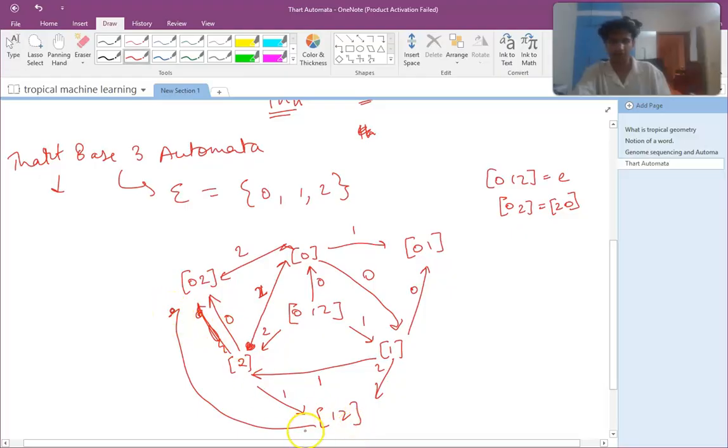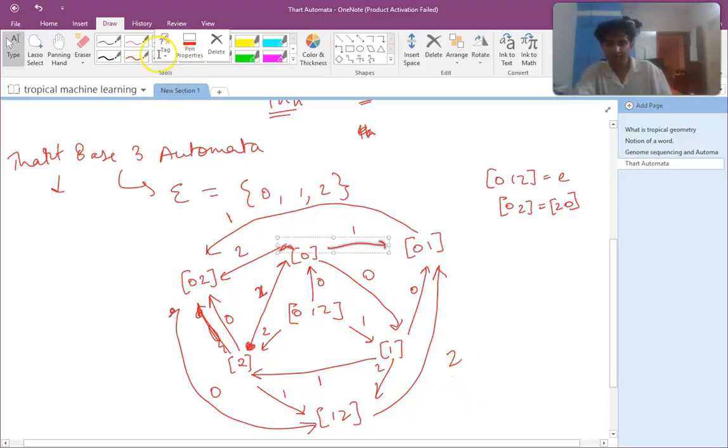Okay. So it's this way. This is with the 0. This is with a 2. And this is with a 1. And there's one final layer.